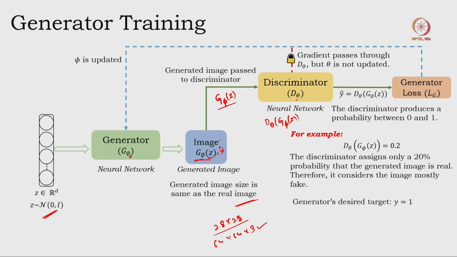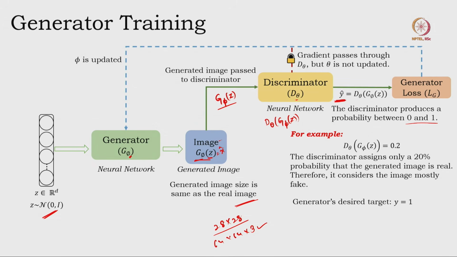Now, what will the discriminator do? The discriminator will examine the generated image and say whether it is real or fake. How will it tell whether it is real or fake? It is going to give us one probability, and that probability value will always be between 0 and 1. So the discriminator is going to give us y hat, the predicted value.